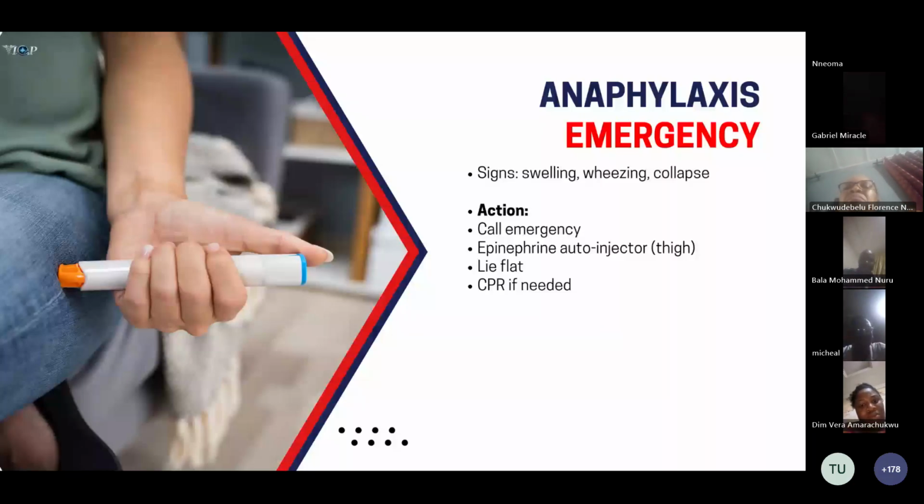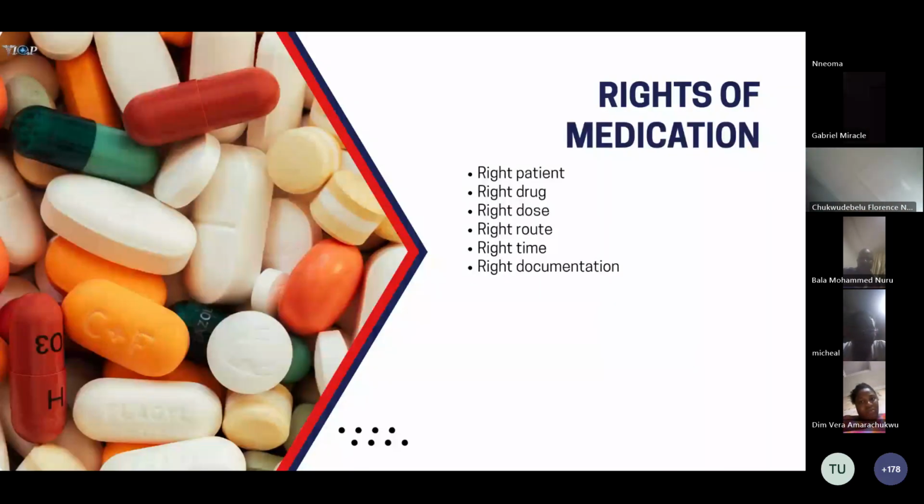In the case of every drug that you are giving, you are to give it in the right route. You do not give an oral drug, a drug that is used by mouth, and then insert it into the anus. No, you do not do that. Ensure that you are giving it by the right route, and there are different routes to give medication. Like we have the oral, that one is the one that we swallow.